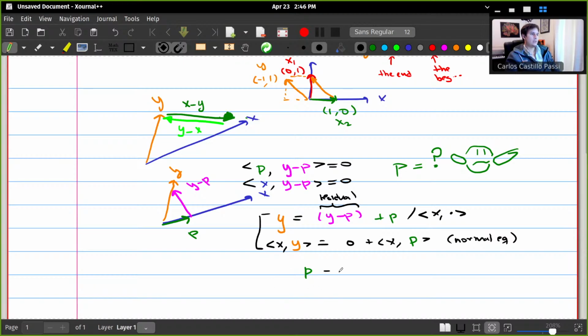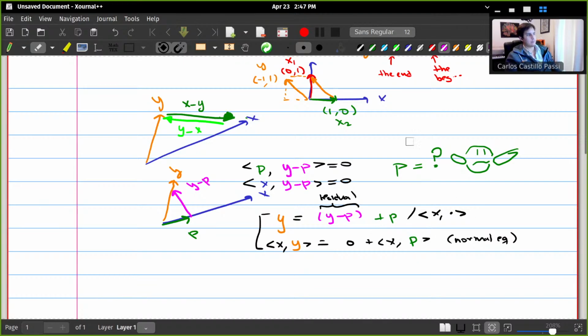So if you have p and write it as alpha times the vector x plus some residual, the residual is y minus p, no, sorry, I'm mixing things up. That should be the case.